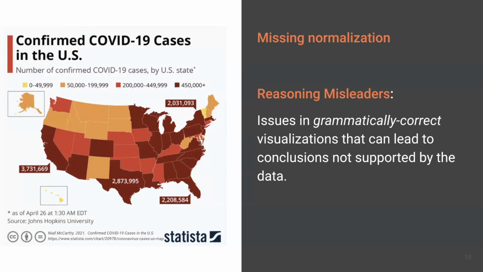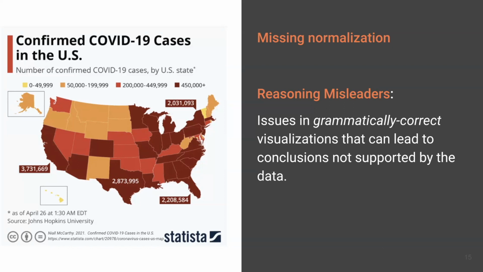We consider this map to be grammatically correct because just by looking at it, there's nothing wrong. It faithfully conveys the values and relationships in the underlying data with no visual distortions. Grammatically incorrect visualizations would involve distortions such as truncating the y-axis, which you can tell just by looking at the visualization.